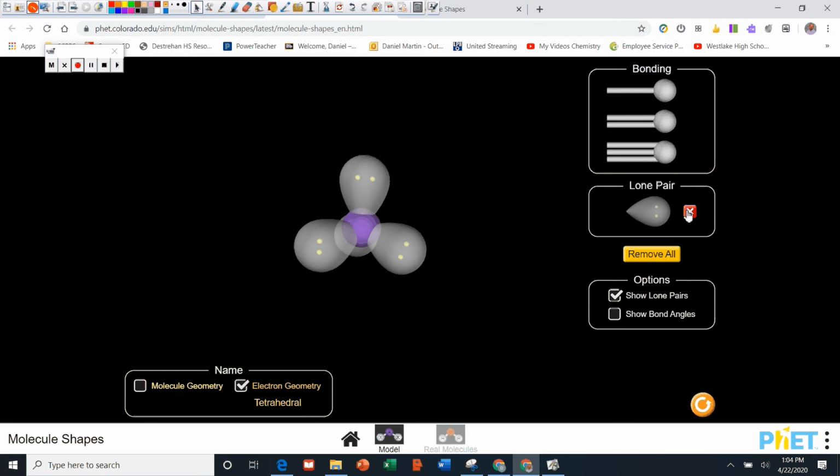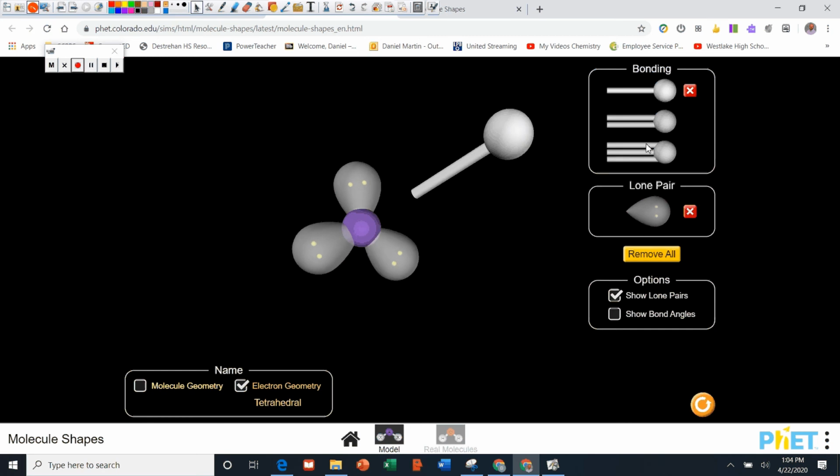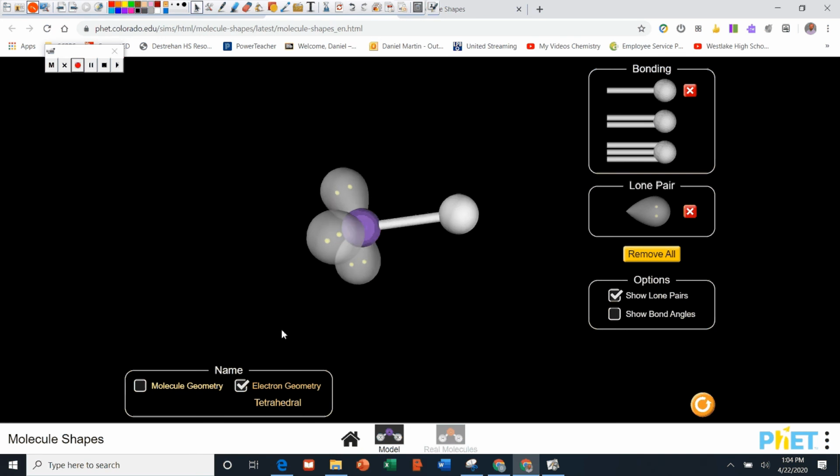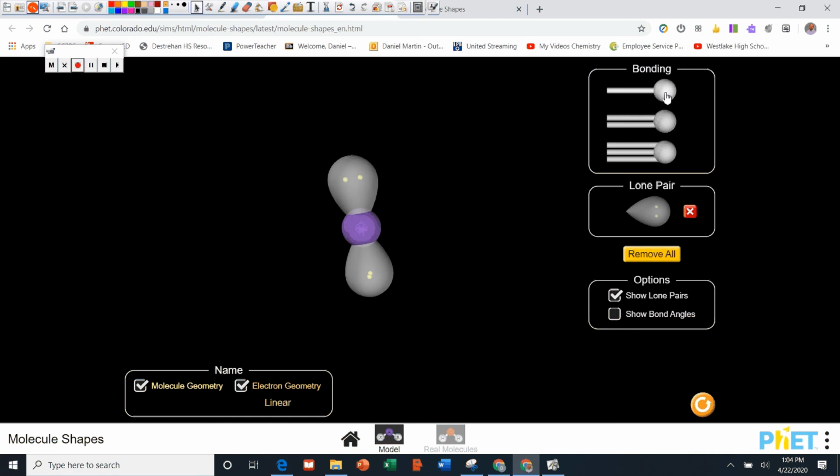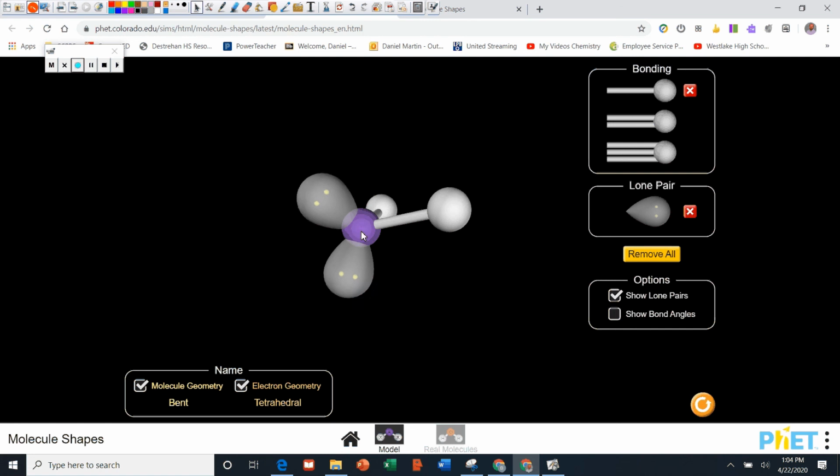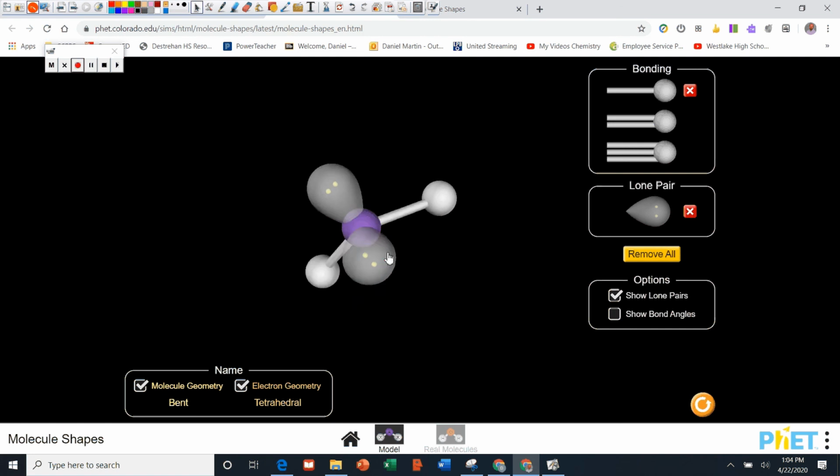I'm going to remove one and add one bond. This is what I want you to see: the electron geometry is tetrahedral here, but the molecular geometry is linear. What happens if I remove another lone pair and add another bond? We add two bonds.